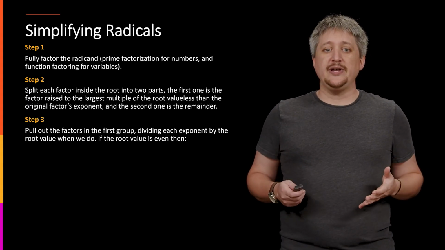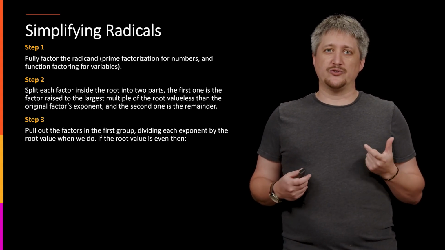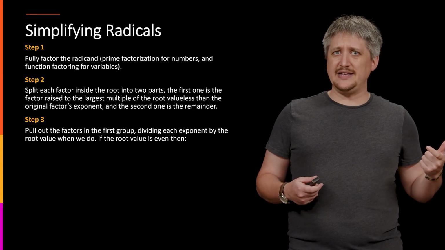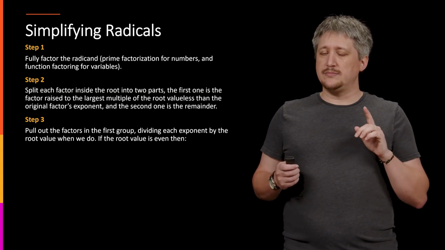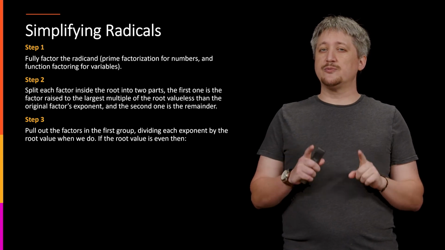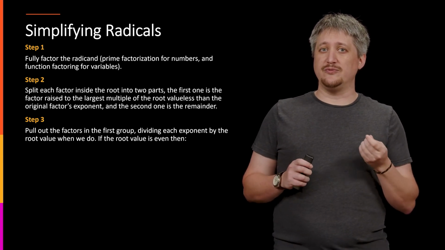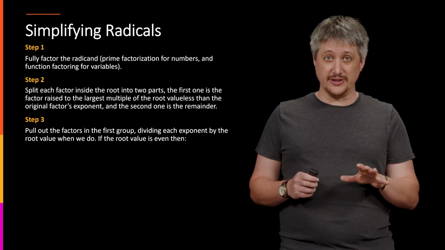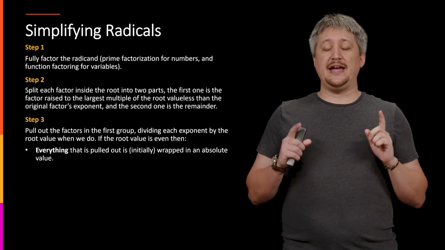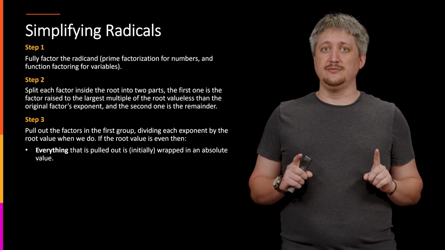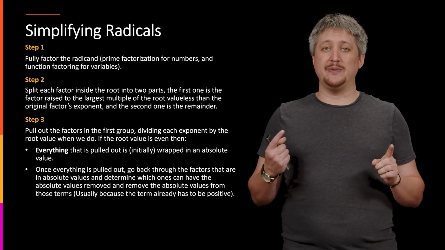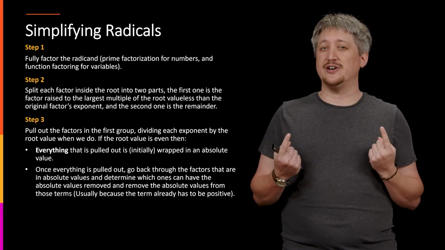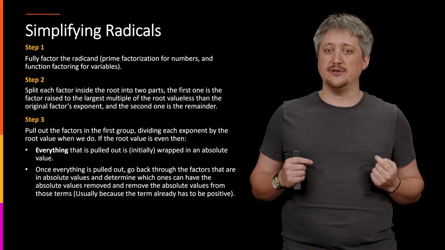Then step 3, we pull out the factors in that first group and divide each of those powers by that root value. And if the root value is even, only if it's even, then everything we pull out gets an absolute value. Then the next part is that we go back through and try to justify which absolute values we can remove.